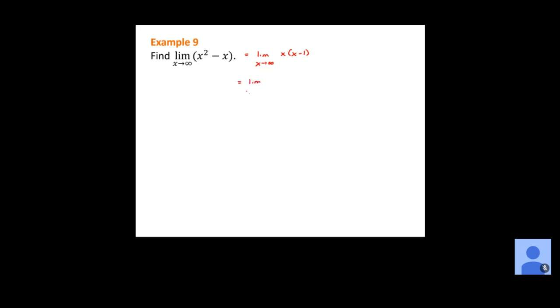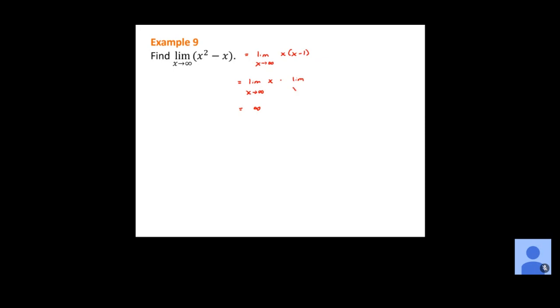We're just thinking about the limit as x approaches infinity of x. It's going to be positive infinity, right? Because you're thinking about a linear function x with a positive slope. So as you go out towards positive infinity, those y values are getting infinitely larger, right? So that piece by itself is approaching infinity.